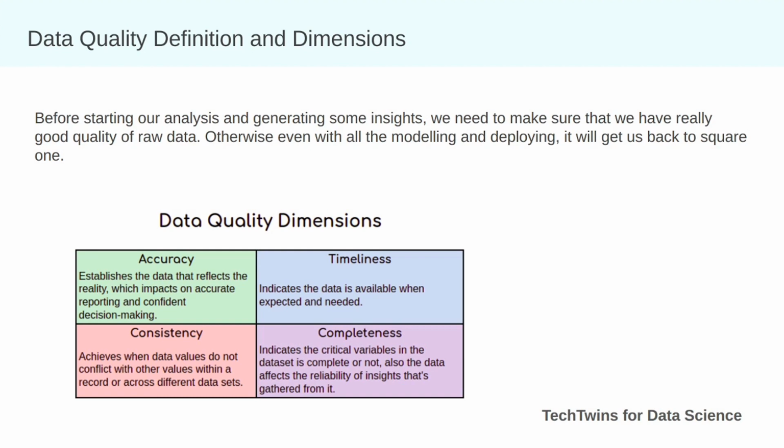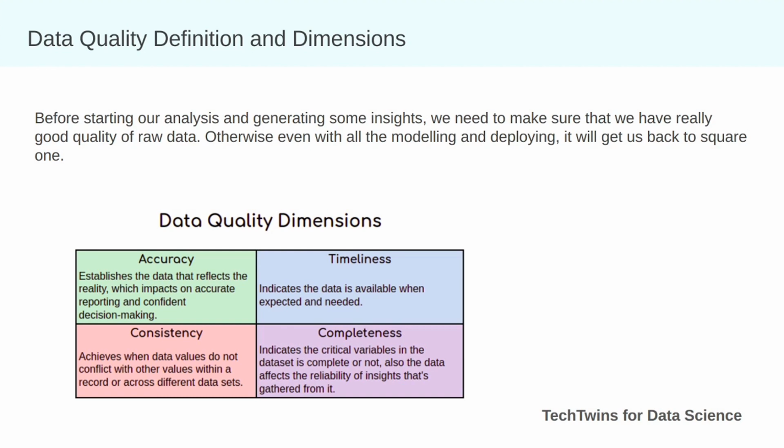As you can see here, we have 4 pillars, starting with accuracy, which establishes that the data reflects reality, which impacts accurate reporting and confident decision making. The second pillar in data quality dimensions, timeliness, indicates the data is available when expected and needed.